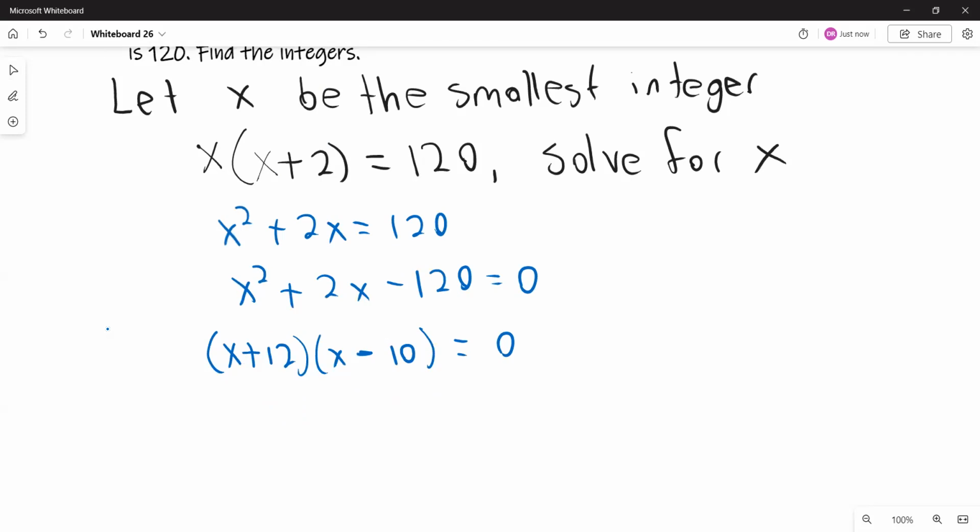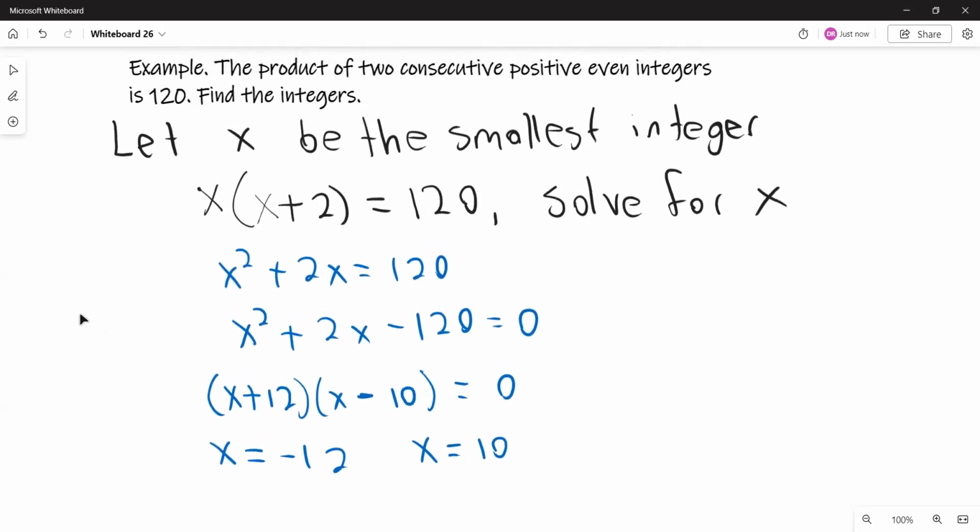Okay, so we did the hardest part. So either x is negative 12 or x is 10. So when we're doing word problems with quadratic equations, we're going to have two solutions. Most of the time, we're going to discard one solution and keep the other one.